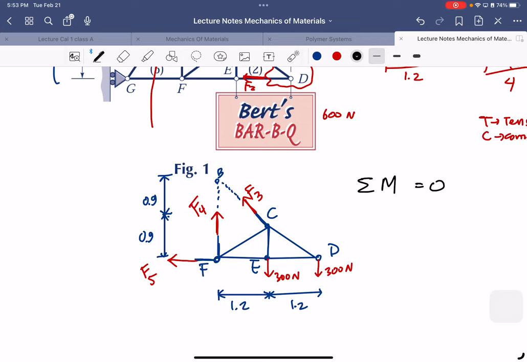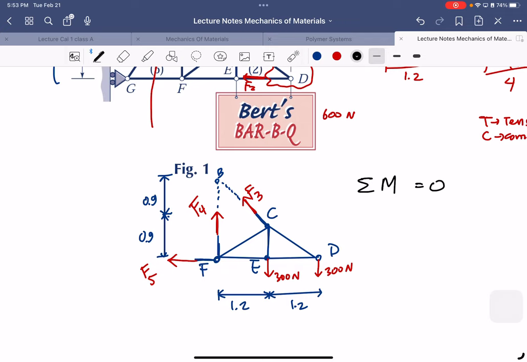If we put it at B, we get everything, and we get to find the F. It's F5. Okay.